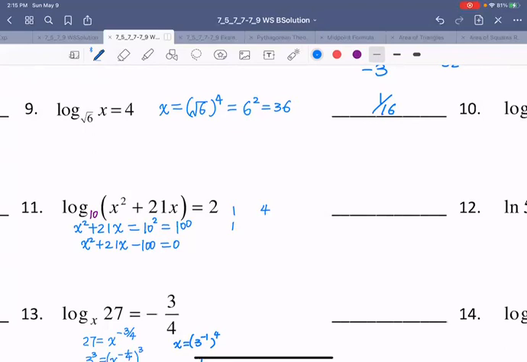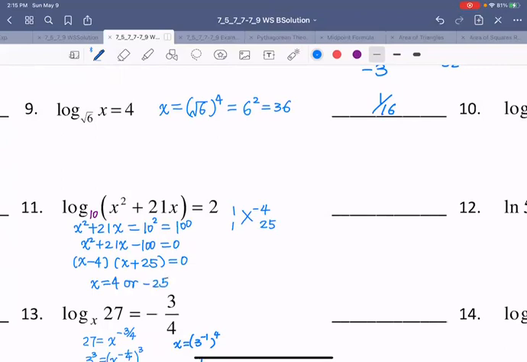How many quarters? 4. So 25x. Wait, so minus, that means this is negative, right? Yes. So x equals 4 or negative 25.